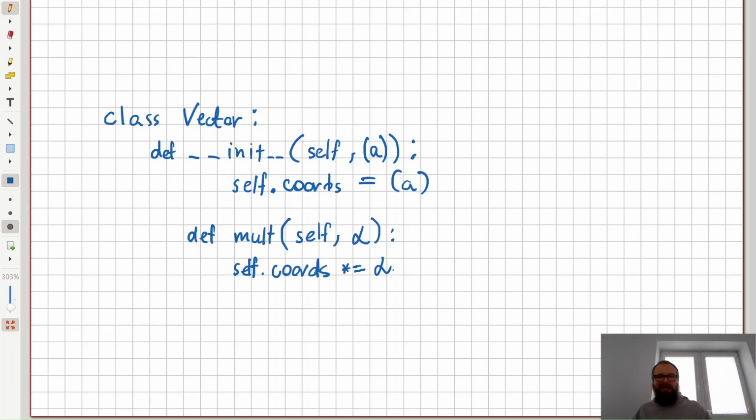But for now, the last thing to do would be plus, self and some other vector, u. So this should be a vector also. This is how you control for type.